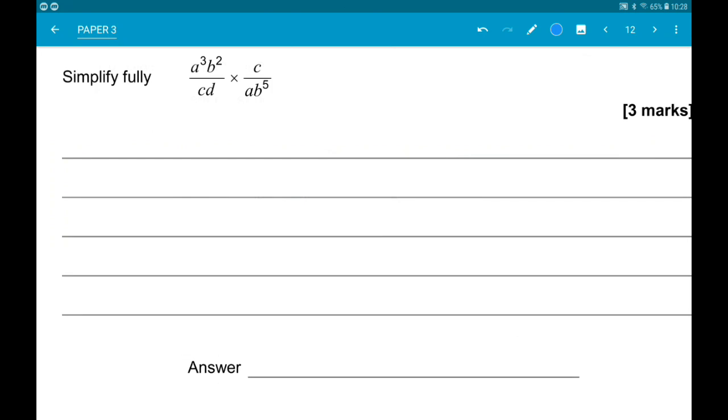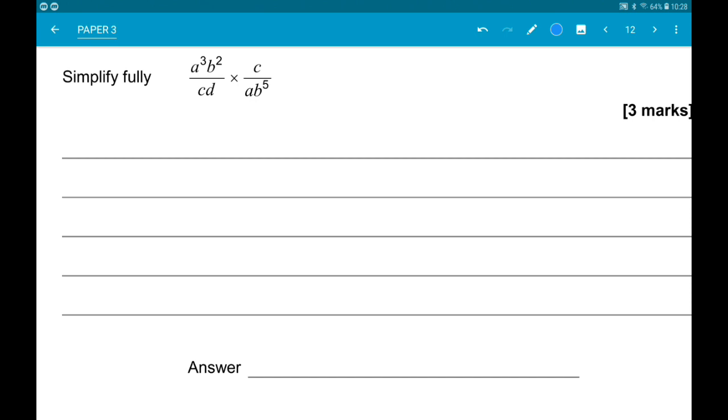Okay, number 15, we have algebraic fractions. So I have a playlist of downloadable exam questions on these down below. So, simplify fully. a cubed b squared over cd times c over a b to the power 5.